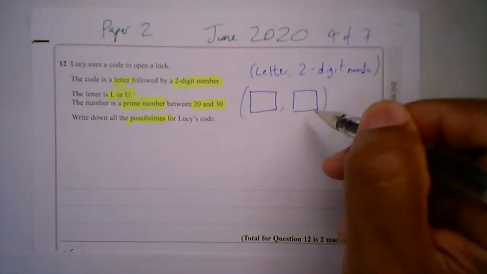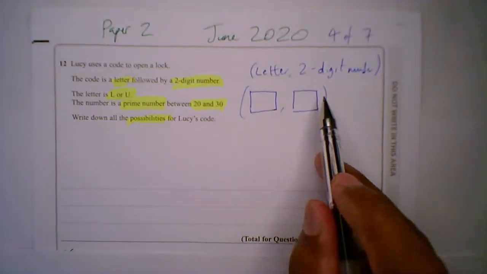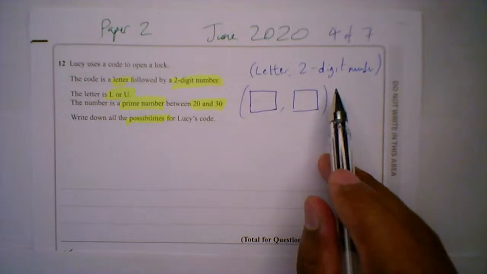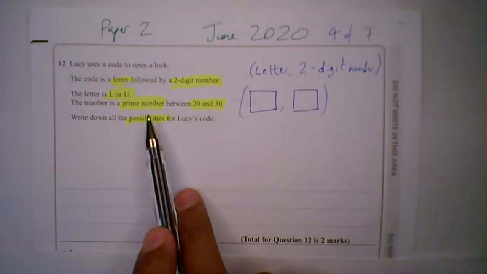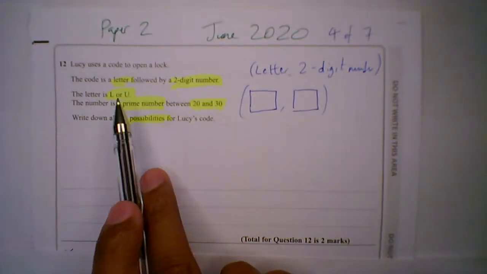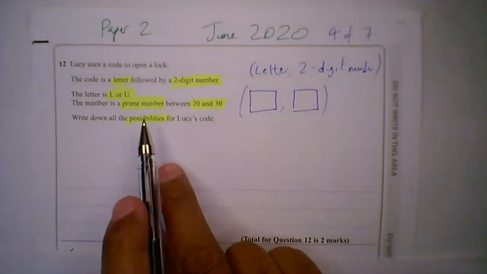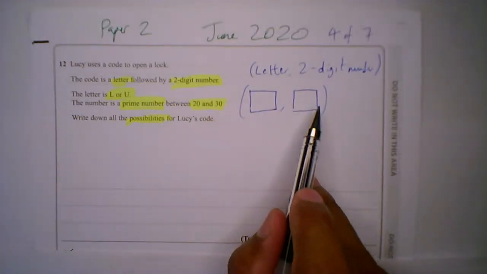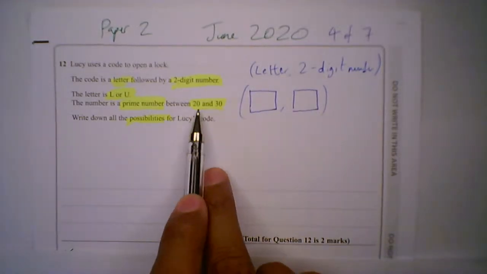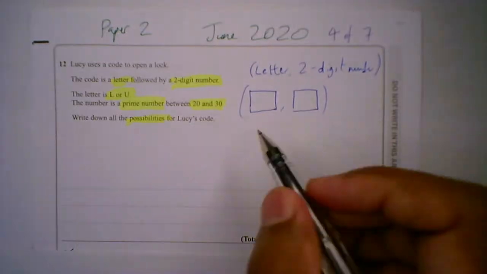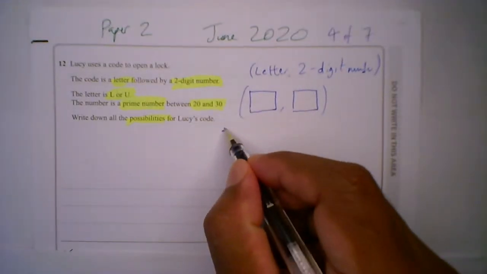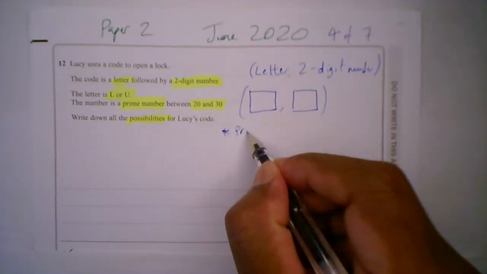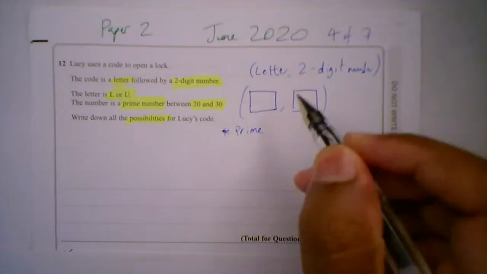So the first one is going to be a letter, and then it's a 2-digit number. And similar to before, I'm going to have those letters L or U. And the second one is a prime number between 20 and 30. So I've got to work out the prime numbers between 20 and 30.